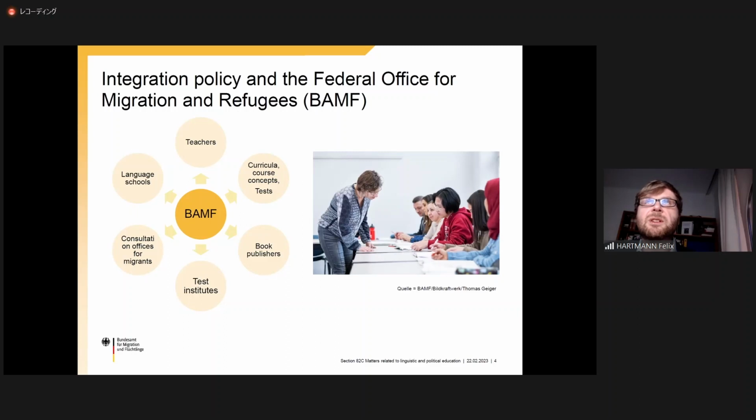And we also have contact with book publishers. There is no single book used for the integration courses or the orientation courses and language courses in Germany. We have a list of books which are allowed to be used as course books, and to get a book onto the list, the book publishers have to send in their new book, and we check if it fits our expectations.